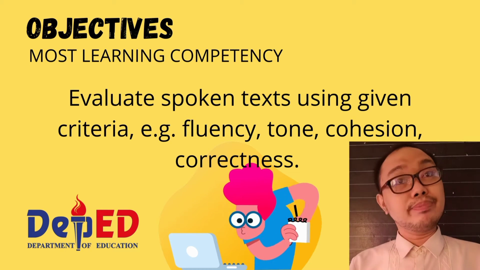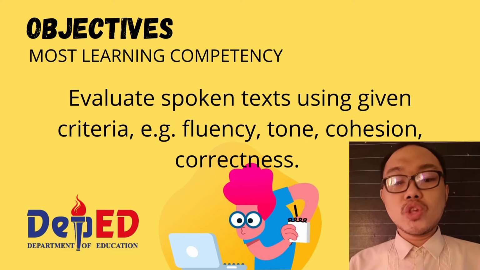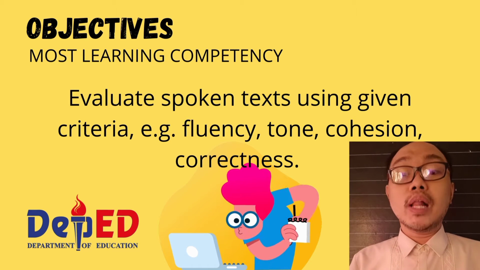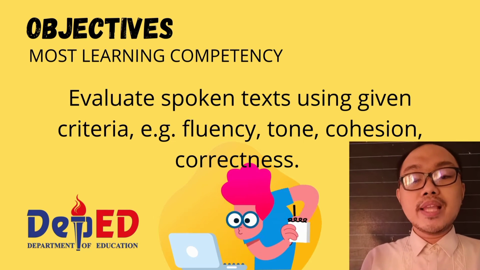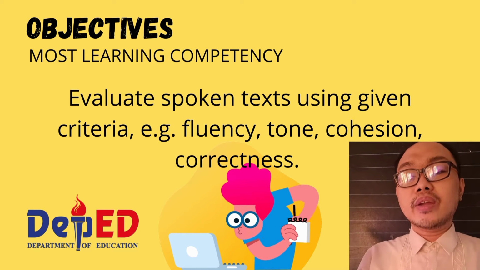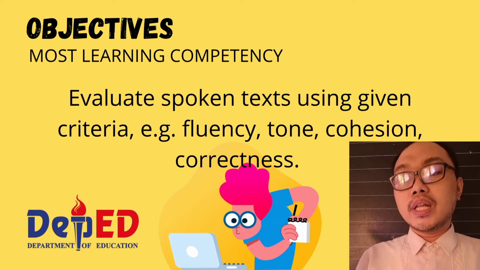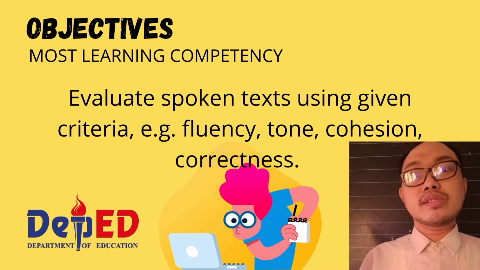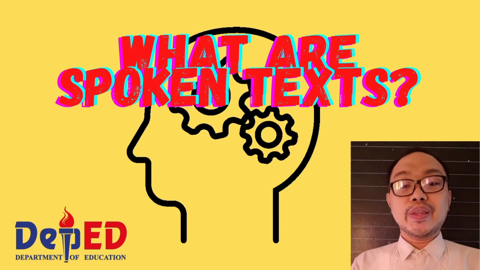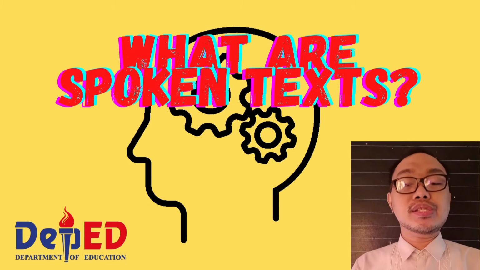In this lesson, our most essential learning competency is to evaluate spoken text using given criteria. Example, fluency, tone, cohesion, correctness. Let's begin to understanding spoken text.